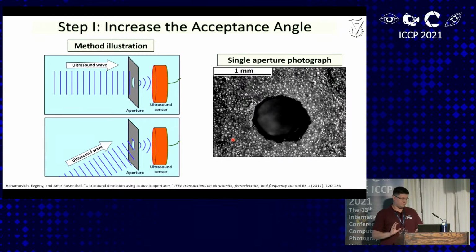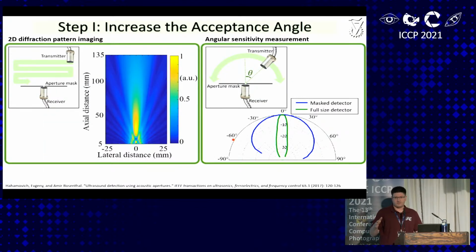Okay? We have characterized this mask detector. We measured a reference transmitter using a 2D scan of this mask detector and recorded the diffraction pattern of this transmitter. We also measured the angular sensitivity of this detector with and without the mask and compared them.